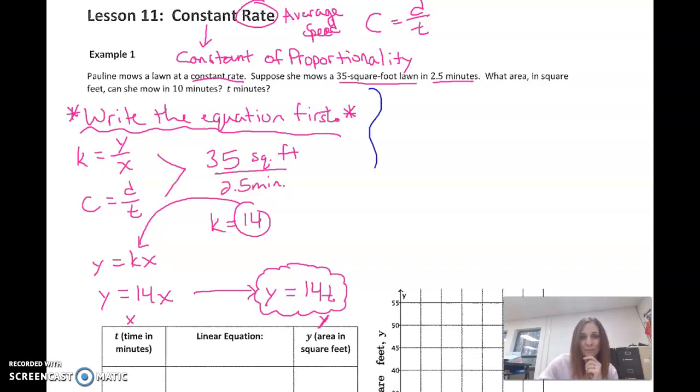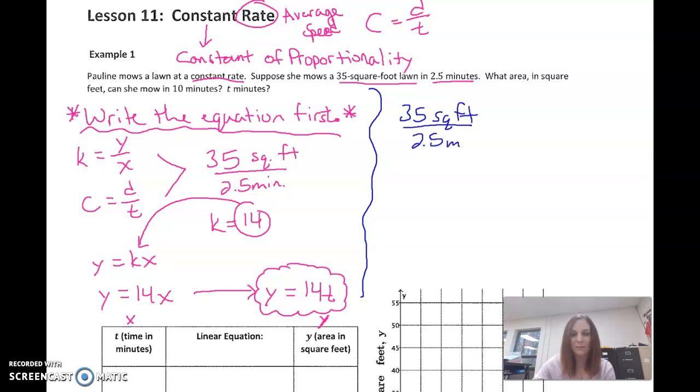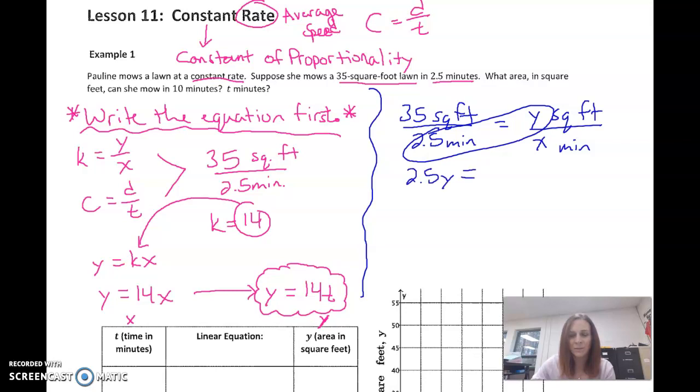Our 8th grade way, still writing the equation first, is we set up our proportions. So we have 35 square feet over 2.5 minutes, and I'm going to set it up as y square feet over x minutes. Then we use the cross products: 2.5 times y and 35 times x.